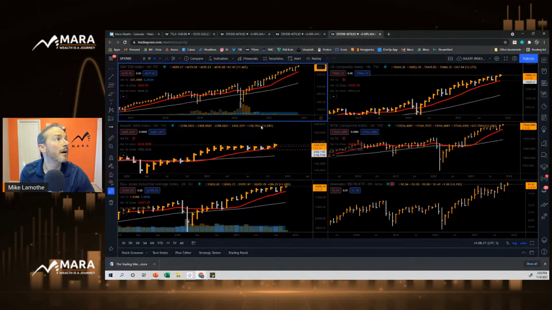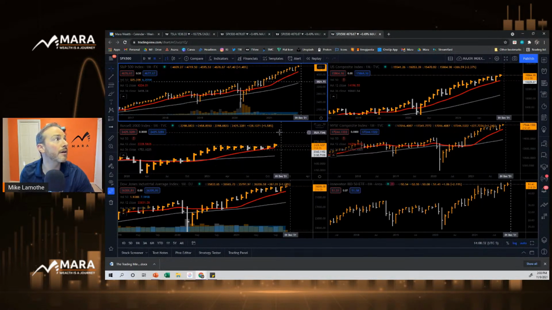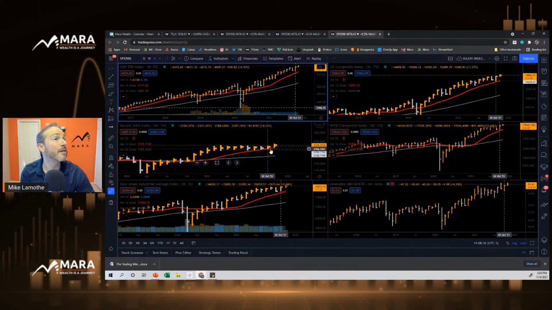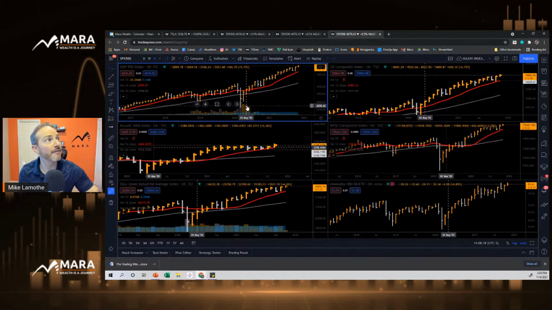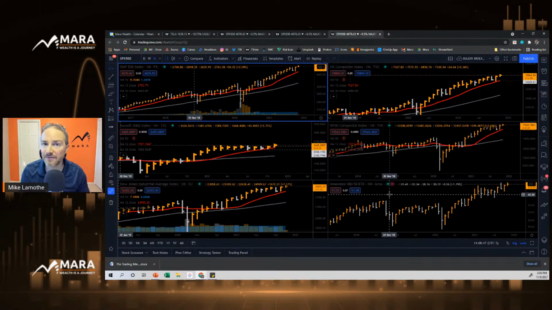Now, to show you a point that I had earlier, you have the five major indices. I also have another ETF that I like to look at. This is an ETF of the IBD 50.